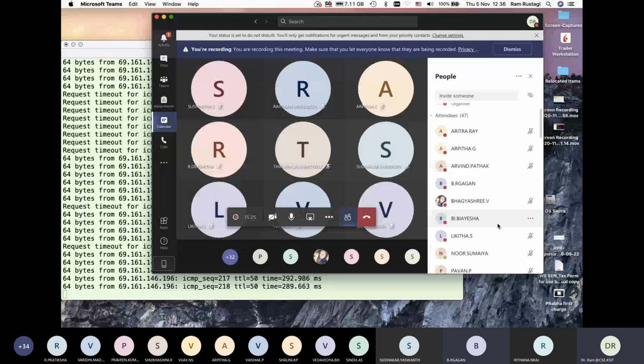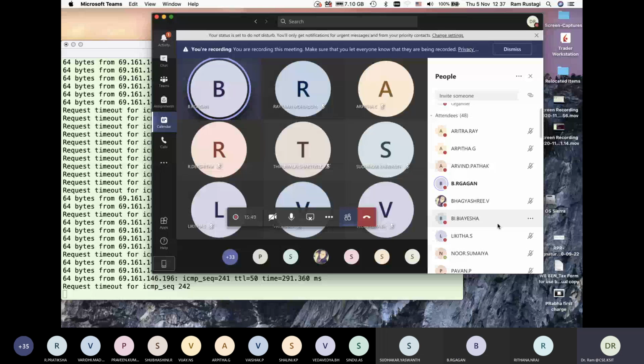Around 100 to 150 kilometers, sir. 250 kilometers? No, that is way too high. Can anyone else give a better estimate? How far is Mysore from here? 150 kilometers, 140, something of that order. 200 is way too high.